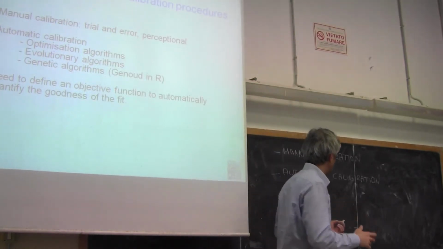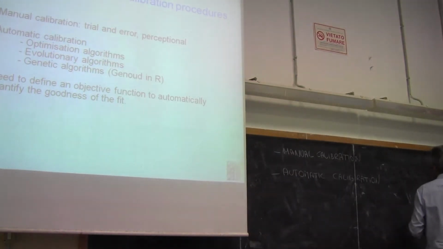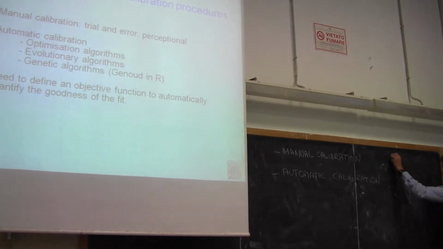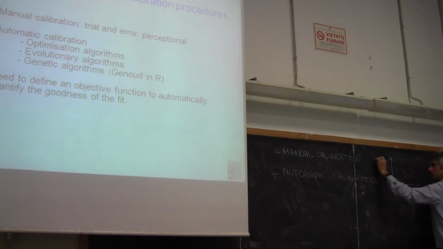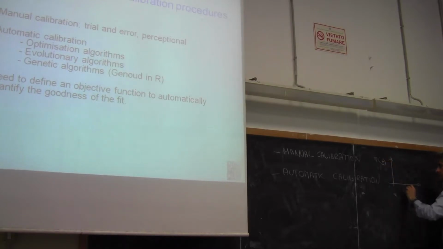So basically what we could do is, for instance, take an observed P(t). So basically take a hyetograph, and the hyetograph is something like this.